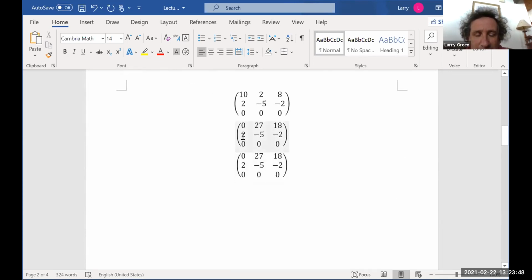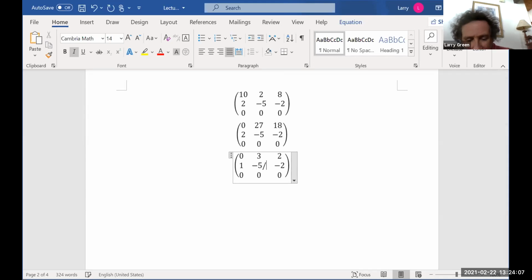Okay, so I could divide the first row by 9, make that 27 a 3 and the 18 a 2, and divide the second row by 2, make that 2 a 1, make the negative 5 a negative 5 halves, and the negative 2 a 1. Any questions so far?